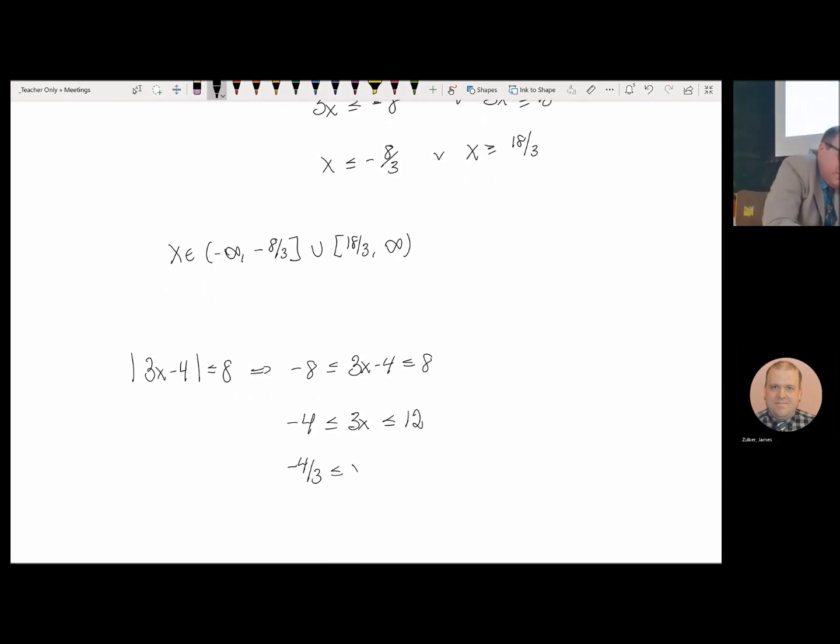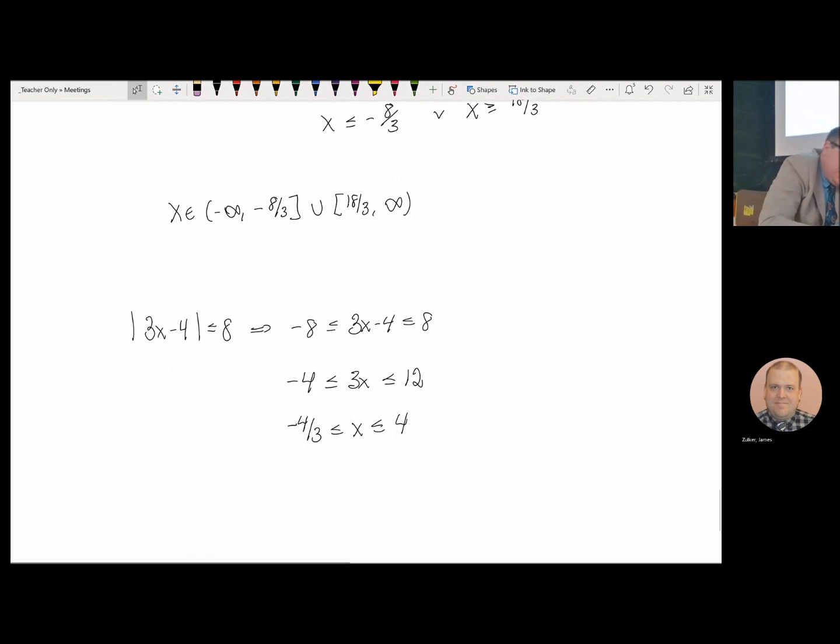Negative 4/3 less than or equal to x, less than or equal to 4. Right, just divide by 3. Solution set here: x is in the closed interval, negative 4/3 to 4. Right, so again, very straightforward.